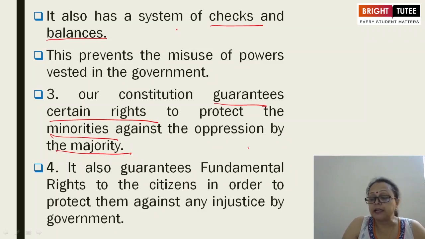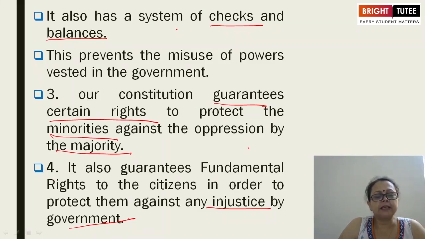It also guarantees fundamental rights to the citizens in order to protect them against any injustice by the government. Now it comes to the fundamental rights. What type of guarantee is given? It gives the citizens a guarantee of protection from injustice.